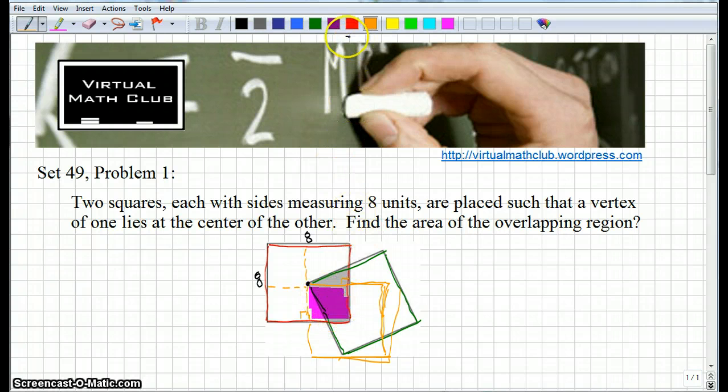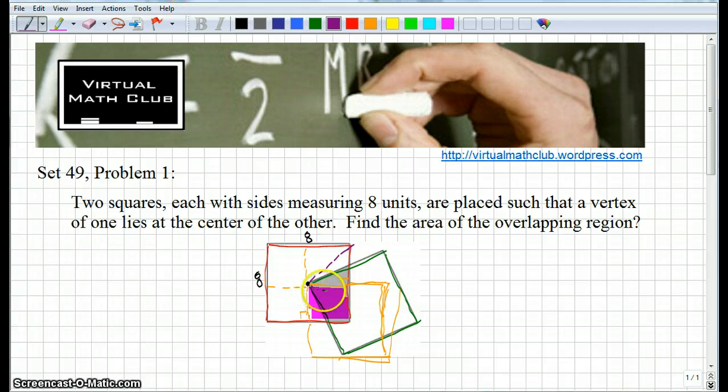So let's look at a different case. Let's pick up a purple pen now. Let's look at a case where again we're pivoting the green square around the red square. So let's look at a case where the edge of the pivoting square goes through the vertex of the red square.